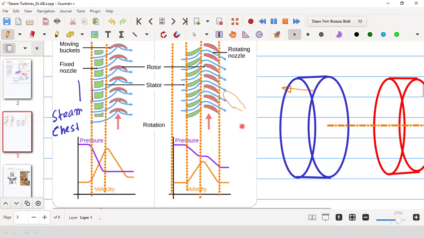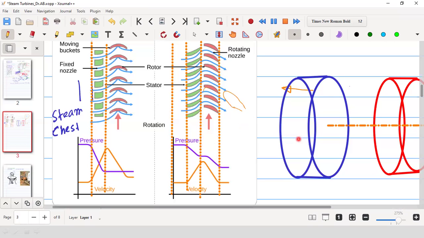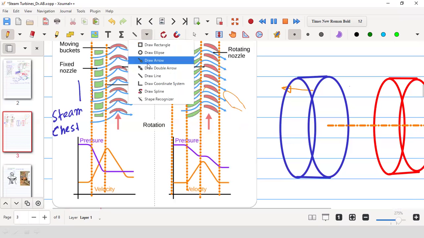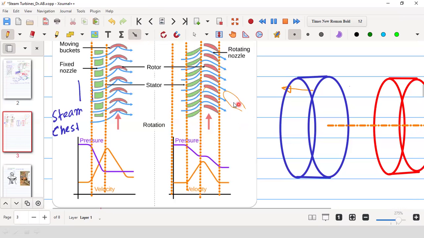Now the mouth of the balloon is opened here, and therefore the gas is ejected in this direction.